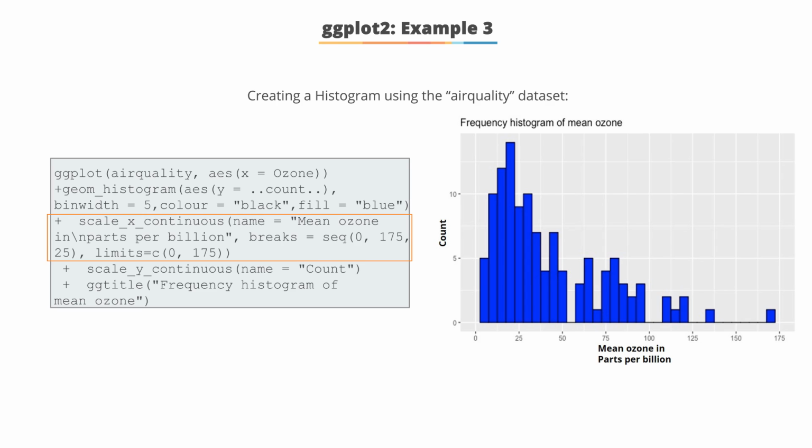We want this to scale continuously, name the x label mean ozone in parts per billion, and then you can see that we can also set breaks. So this is sequencing 0, 175, and 25, and we can have lower and upper limits in regards to what data we tend to include.